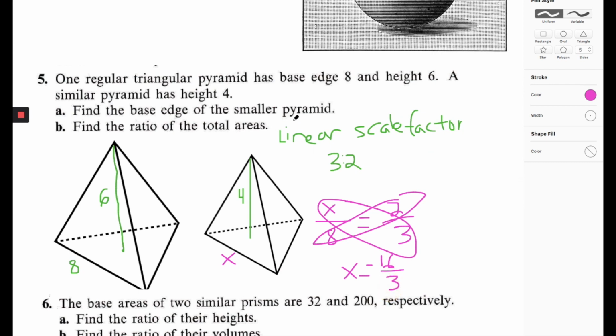And I'll write that as a mixed number up top here. So that would be 5 and 1/3 would have to be the base edge here for this to be in a 2 to 3 ratio. So go from here to there. Find the ratio of the total areas. Well, if the linear scale factor is 3 to 2, then the area ratio will just be the square of that. So that is 9 to 4.